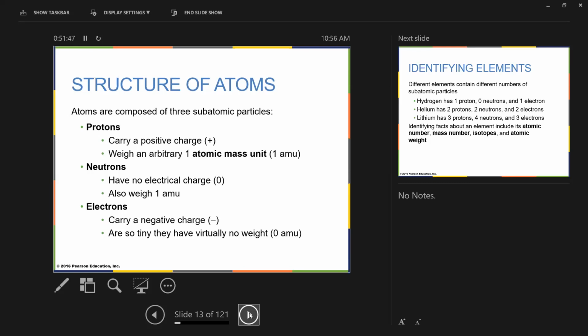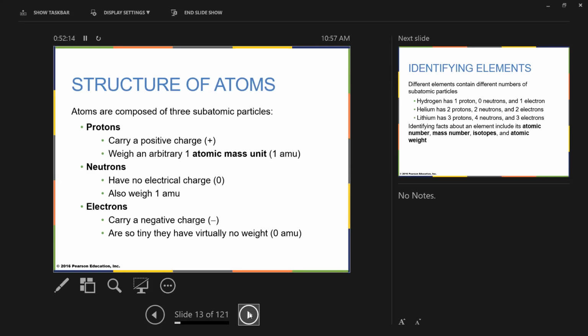Neutrons weigh the same as protons. They have a mass of 1, but they have no charge. Neutrons are neutral. And electrons have no mass. They're extraordinarily tiny, and yet they have a negative charge, and their charge balances the charge of the proton.